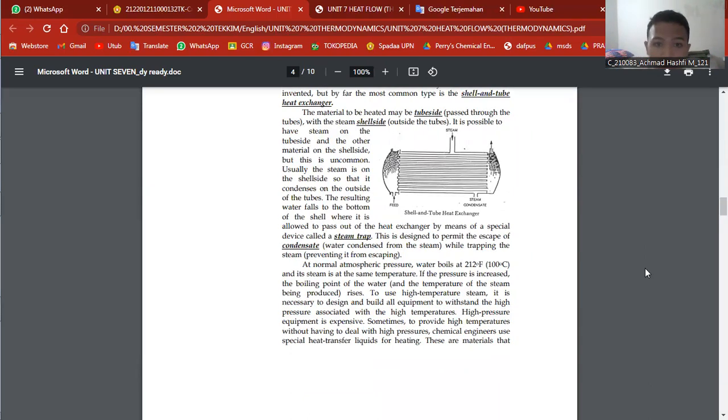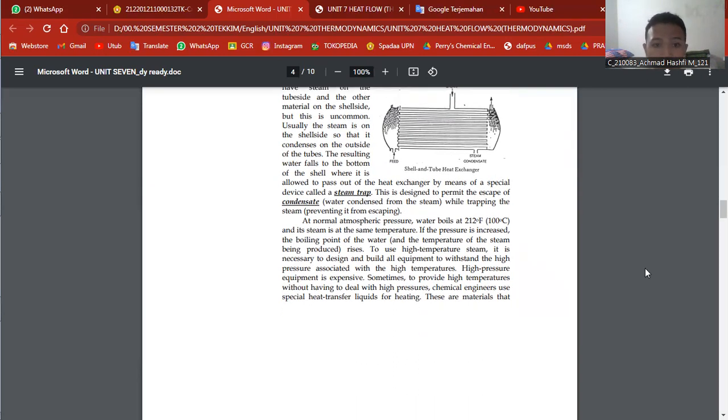The material to be heated may be tube-side, or pass through the tubes, with the steam shell-side, or outside the tubes. It's possible to have steam on the tube side and the other material on the shell side, but this is uncommon. Usually the steam is on the shell side so that it condenses on the outside of the tubes.